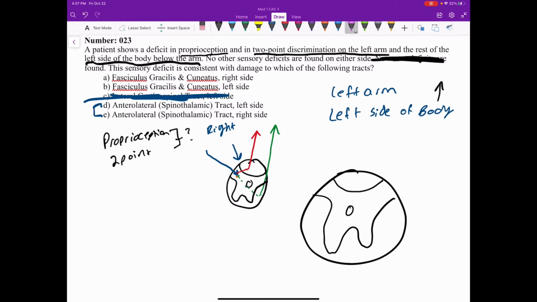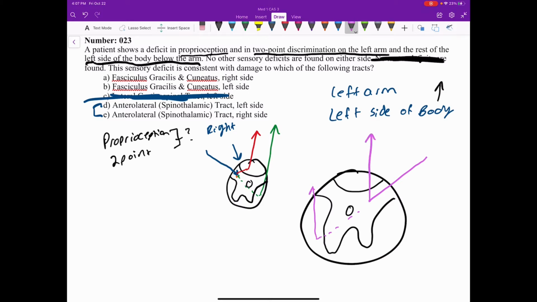If we're looking at the screen this way, this would be the left side, obviously, but we're looking at someone else. So if it's coming from the left side and staying on the left side, what does that mean? Well, it can't really cross over, because this would go to the right side. So it's got to come up this way.